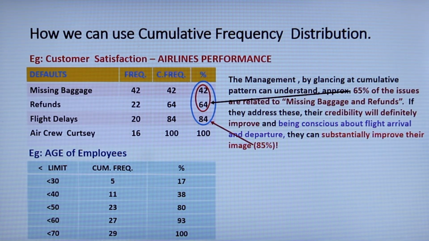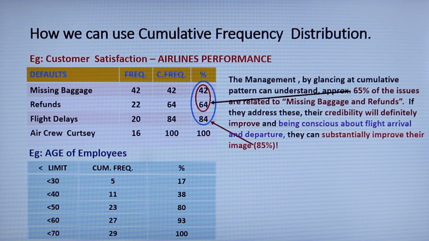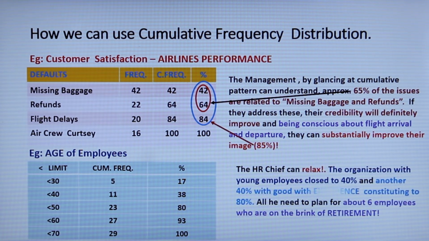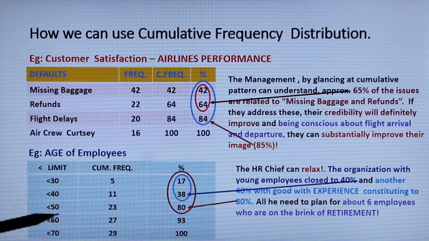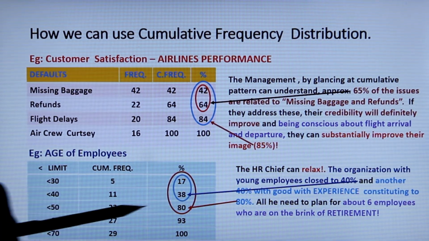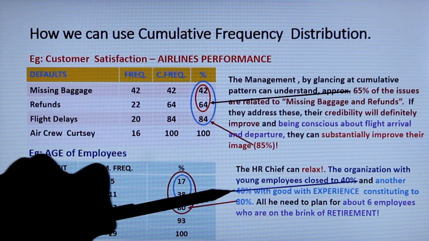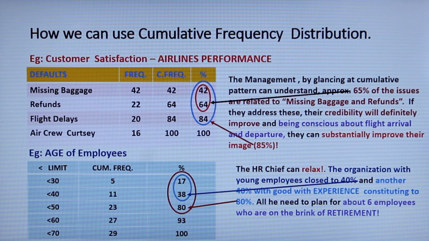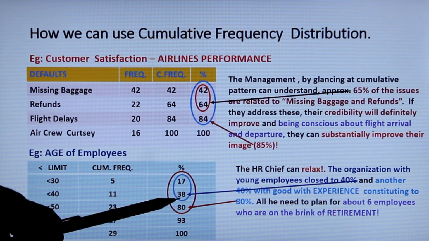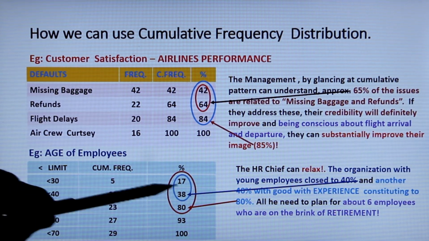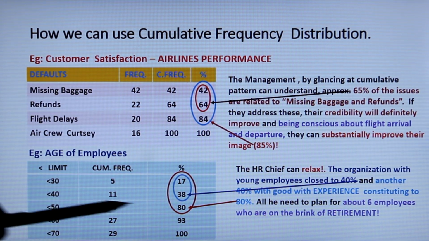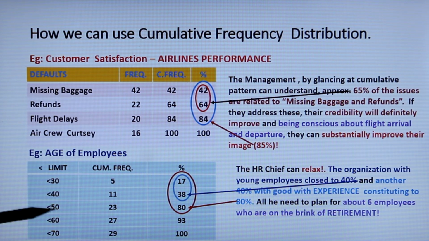Now let us come to the example of employees in the organization. By looking at the cumulative distribution, you can understand the organization has fairly young employees, close to 40% in the age group of 20 to 40, and another 40% in the age group up to 50.